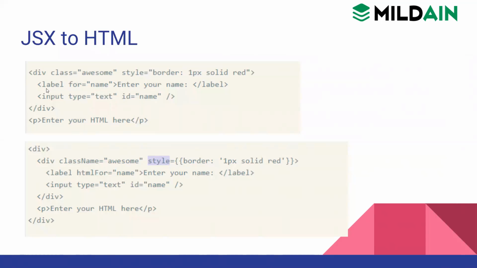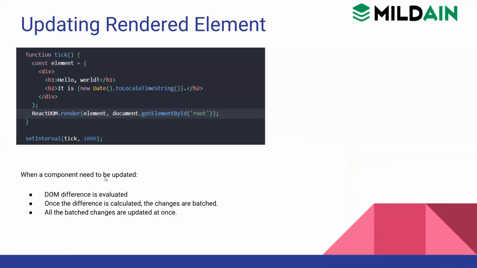The label attribute for is replaced by htmlFor. So there are a few attributes which are different in JSX than in native HTML. The most important one is class, because every time in your application you will add some class to components, so you can play around with className.